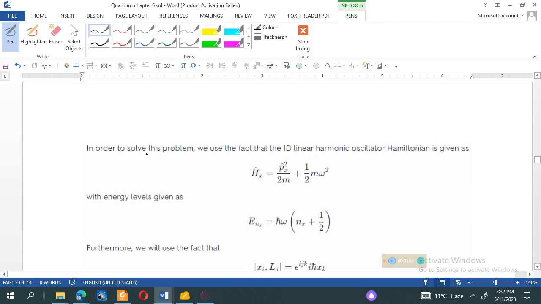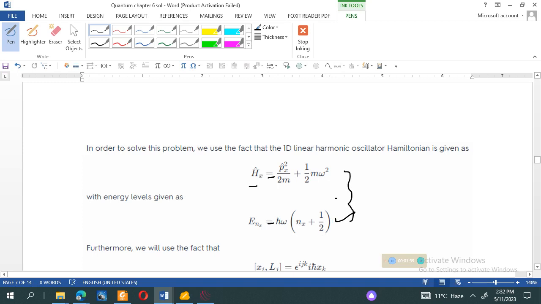In order to solve this, for the one-dimensional harmonic oscillator, we have the Hamiltonian along the x axis, which is given as Hx equal to px squared over 2m plus m omega squared over 2 x squared. This is the Hamiltonian for one dimension, and similarly the energy corresponding to this Hamiltonian is E nx equal to h cut omega into (nx plus 1 over 2). This is for one dimension.